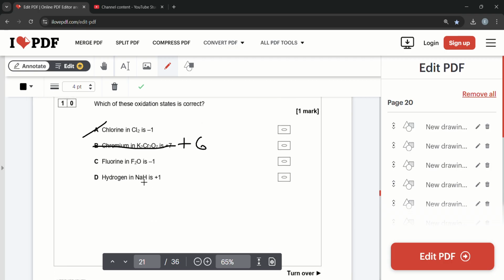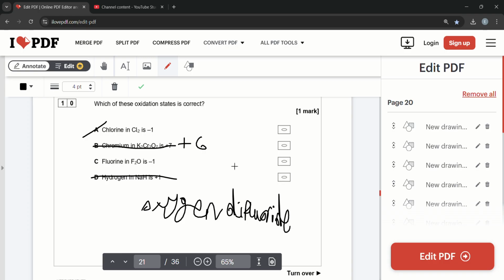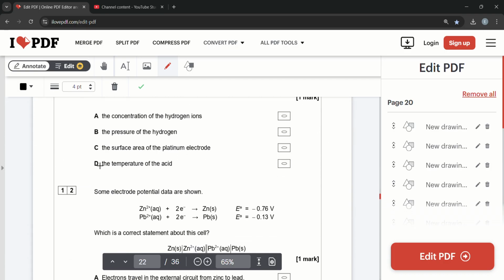Well, Na is +1, so it's not going to be D. Hydrogen would be -1, right? And fluorine in F2O, yes. Remember oxygen difluoride, the special case with oxidation states. In this case, the oxidation state of fluorine is -1 and oxygen is +2 instead of -2. Just remember your special case.